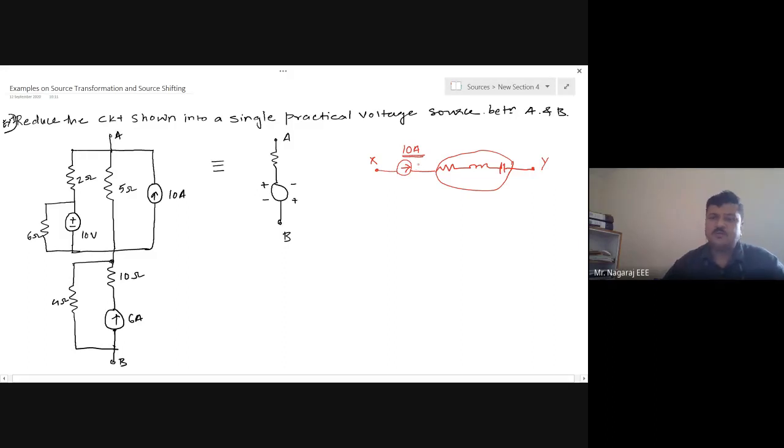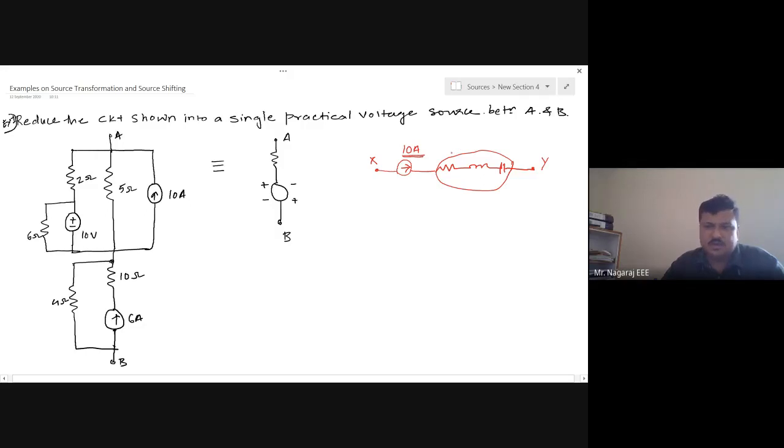So all the circuit components that come in series with this 10 ampere source become redundant when I want to simplify the circuit. It is not that I am neglecting this and taking it out of the circuit.